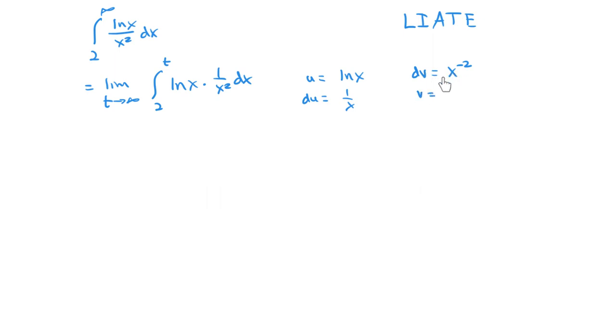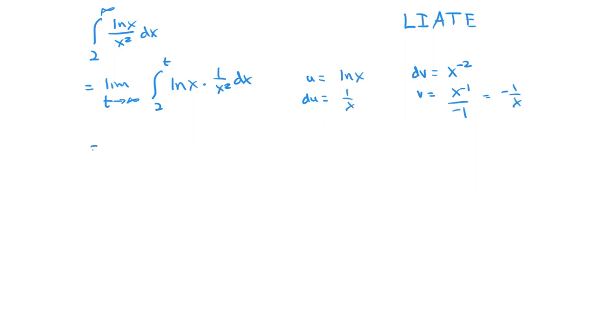We have to take the antiderivative, right? So this uses the power rule, so this will go up by 1 to -1, then we divide by -1. So we have x to -1 divided by -1, or really -1 over x, right?